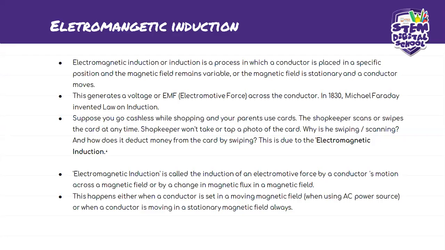Basically, if you check the definition, it's got to do with electricity and magnetism, creating an electrical component and a magnetic component, all creating electricity together. So that is the baseline of electromagnetic induction.